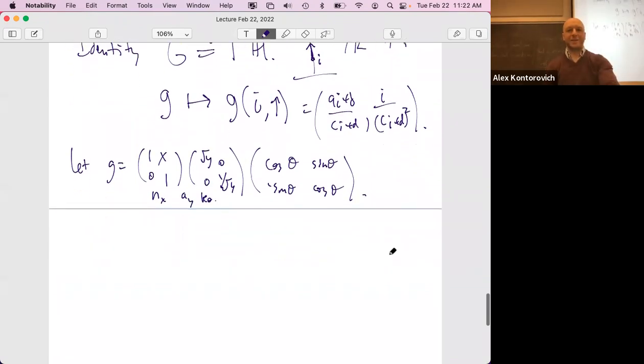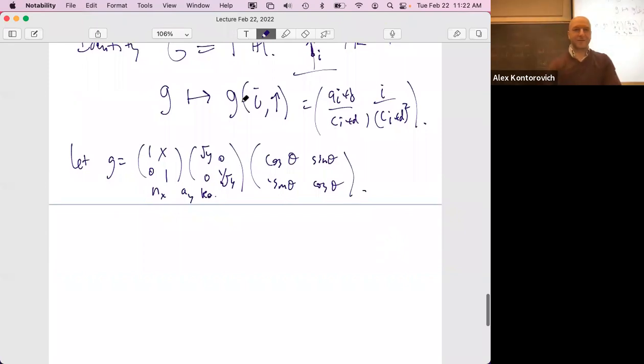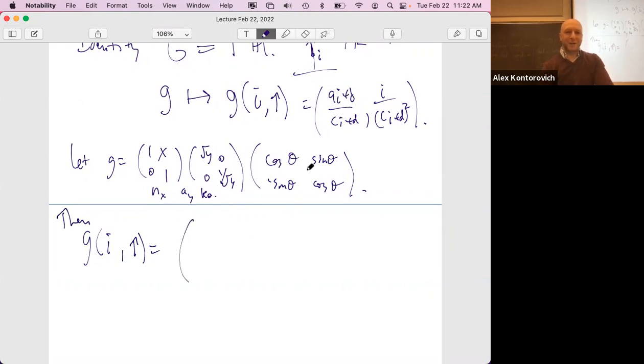And let's see what it does to each of the terms. So G of (i, up): we already know that it takes i to, well, we can do it again, but K is the stabilizer of i, so K does nothing to i.